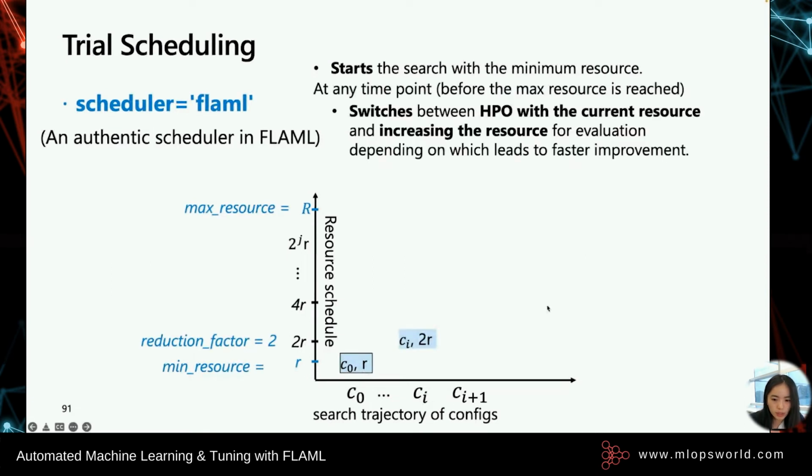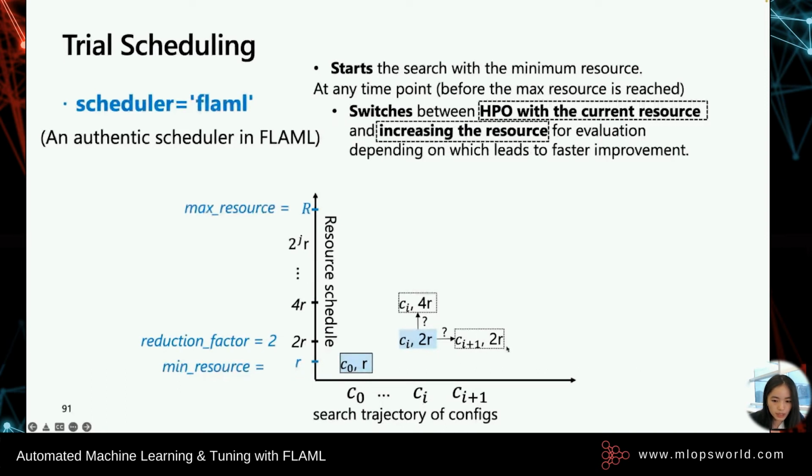And at any time point before the maximum resource is reached, say at a current configuration of Ci and with resource 2R, it makes a decision between trying a new configuration with the current resource, and trying the same configuration with a higher resource value.